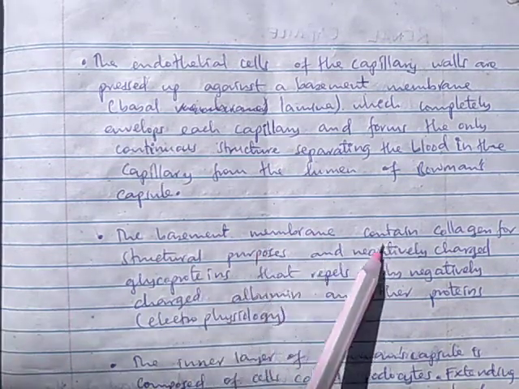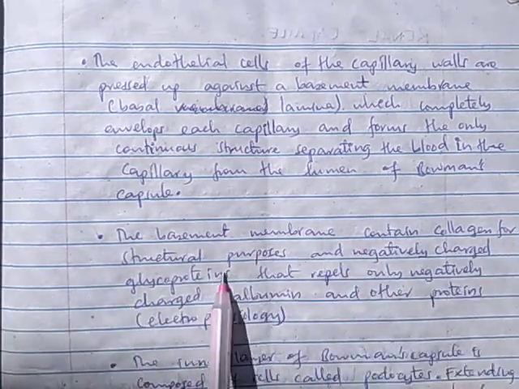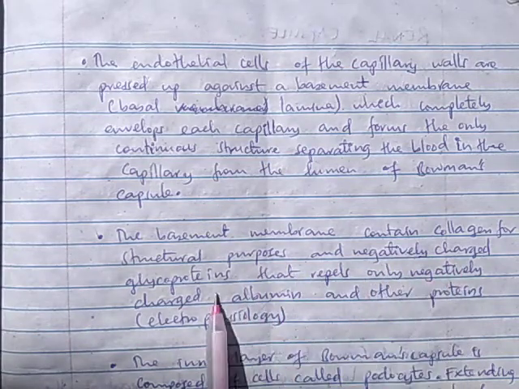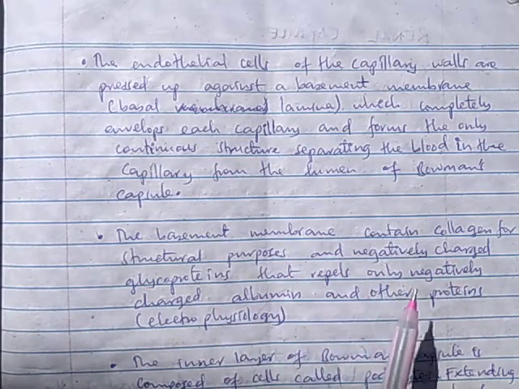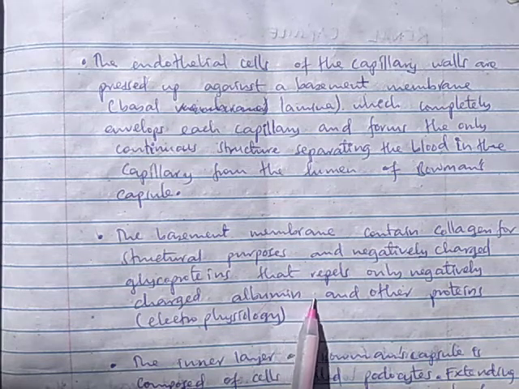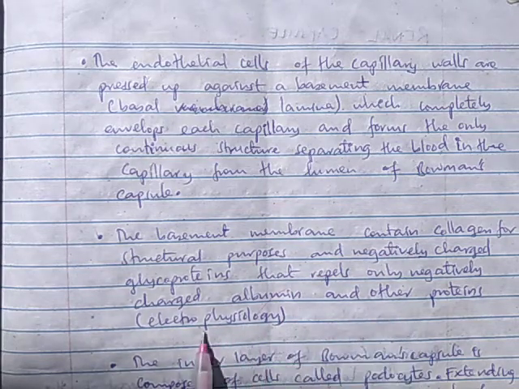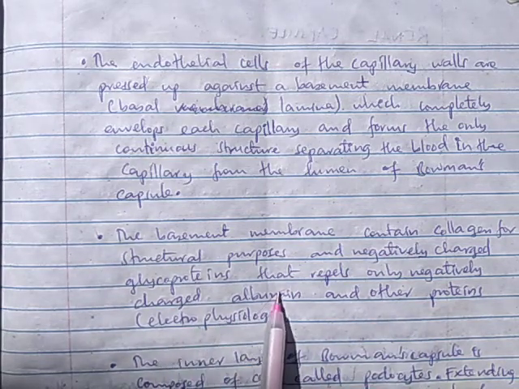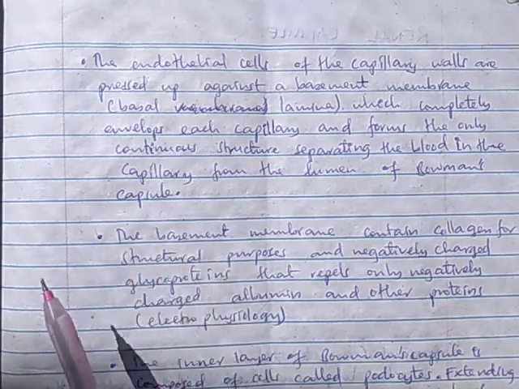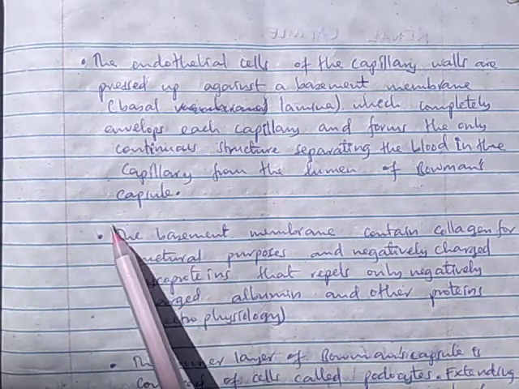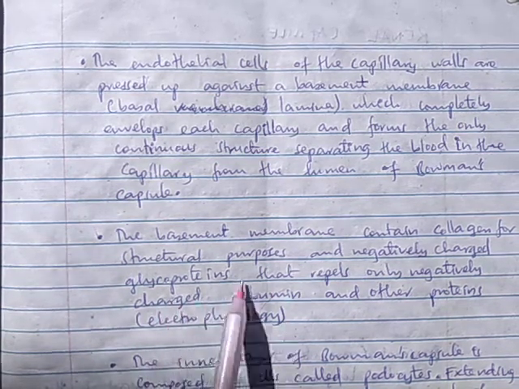And adaptation ya tano, the basement membrane contain collagen for structural purposes and negative charged glycoproteins that repel only negative charged albumin and other protein. Hii tunaita electrophysiology. This adaptation is somehow similar to the third one, but this is strictly explaining about the electrophysiology.